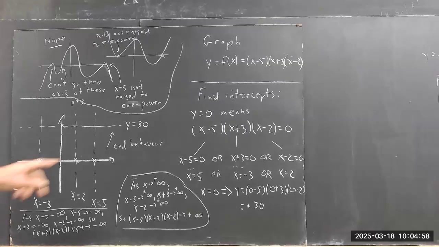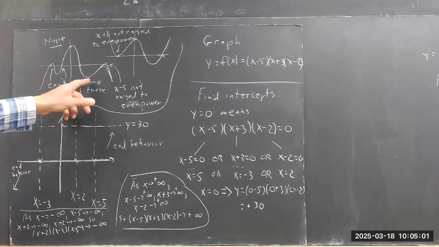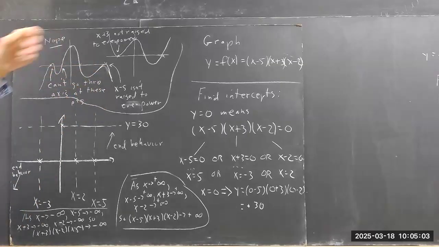Now, with these end behaviors and the fact that you can't turn around at one of these zeros, and the fact that you can't go through the x-axis except here, here, and here, can you sketch that graph?